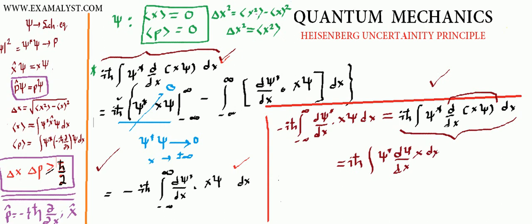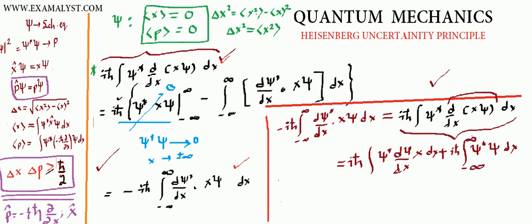This is the first term. After that, what will be the second term after the differentiation by parts? You'll get psi star psi. It's very easy to do, it's not that difficult. The limits are from minus infinity to infinity.